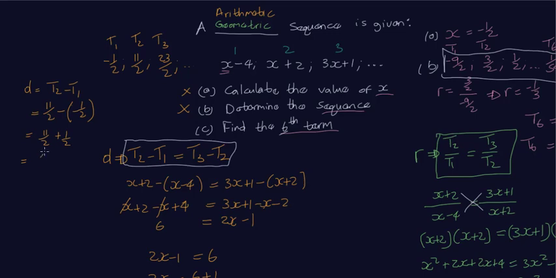This is 6, so the common difference is 6. So term 6 is equal to a, the first term, which is minus 1 over 2, plus n, which is 6 minus 1, times the common difference 6. So term 6 is 59 over 2. So we have term 1, term 2, term 3, and term 6 is 59 over 2.